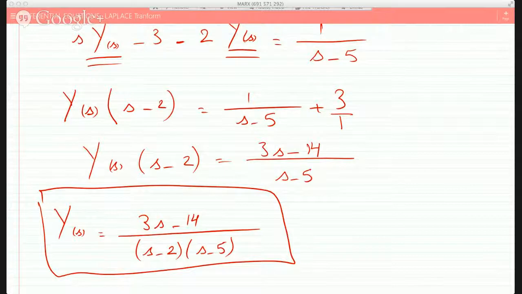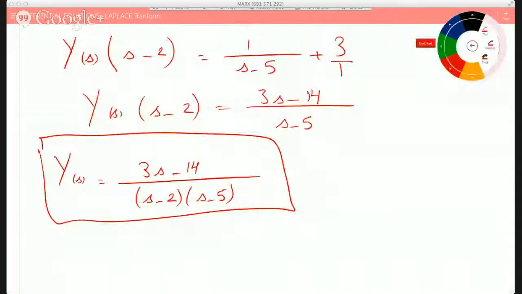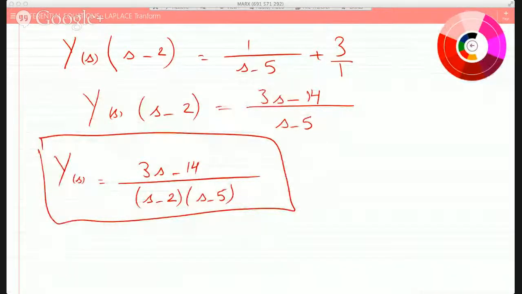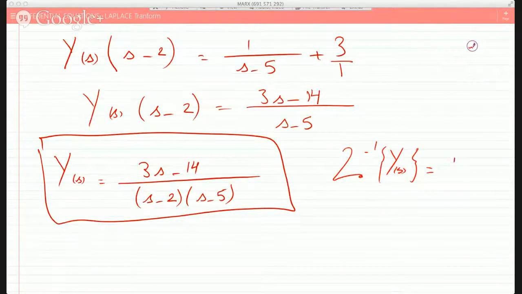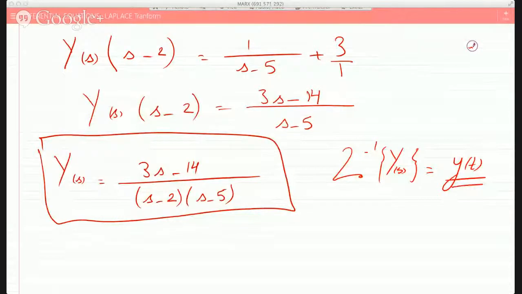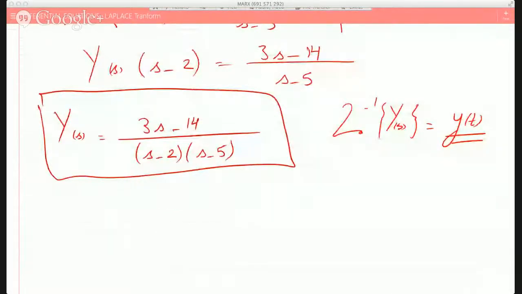And how do I get my y of t from this? Taking the inverse Laplace. If you take the inverse Laplace of y of s, you get, conveniently enough, y of t, which is the solution for your differential equation. Now, of course, the question becomes, how do you take the inverse Laplace?